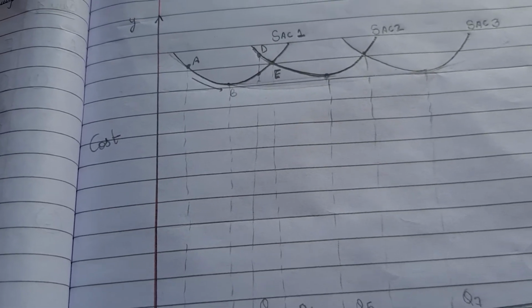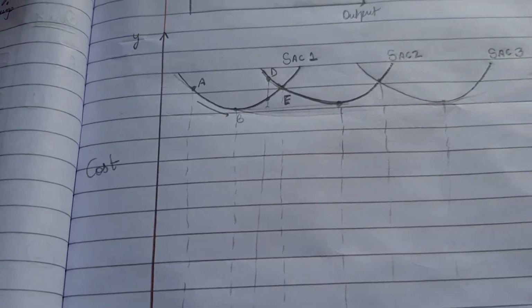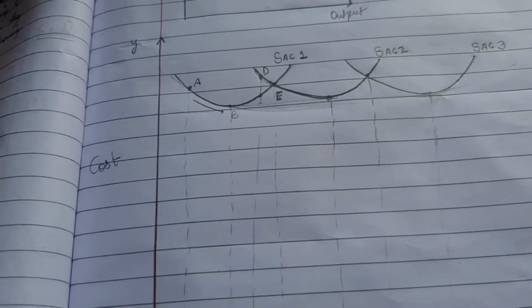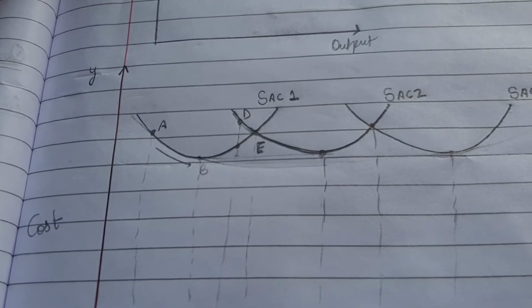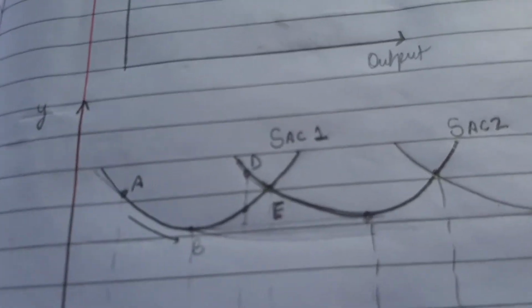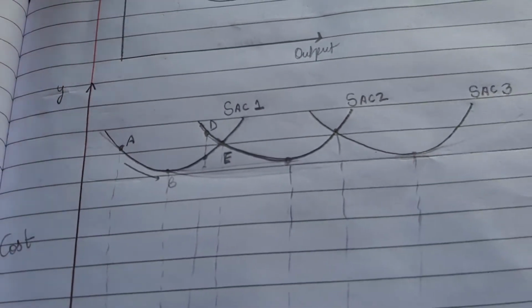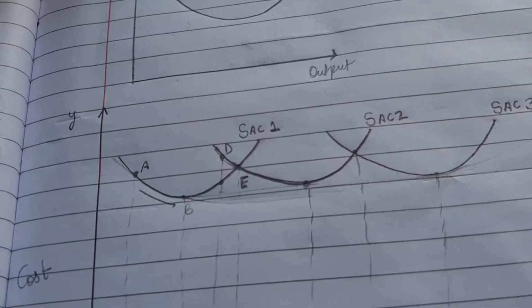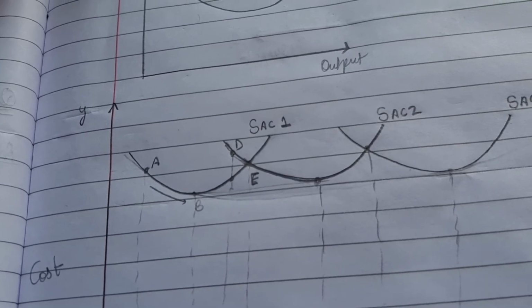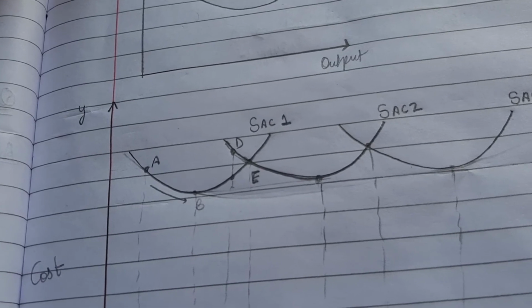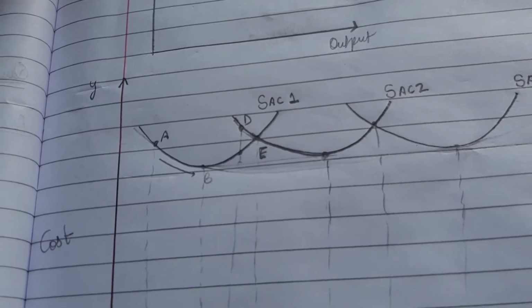But when we move on to point C, we find that the output is the same for both plants 1 and 2, at points C and D respectively. As you can see, point C is not clear enough. This one is point C. So points C and D have the same output for different costs. So for the same output, I have to look at which one is beneficial to me.